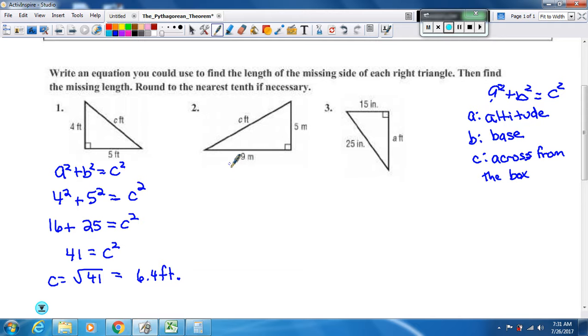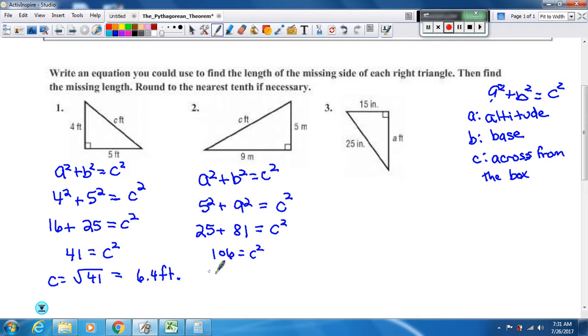Okay, on the next one, a squared plus b squared equals c squared. A is the altitude, the height of the triangle, that is 5. B is the base, the bottom of the triangle, that is 9. And C is across from the box, we don't know it. 5 times 5 is 25. 9 times 9 is 81, equals c squared. 25 plus 81 is 106.